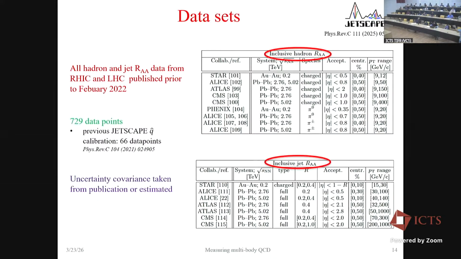There had to be a cutoff date for the study. It was, I think, February 2022. So we used all publications up to February 2022. And that's important. We chose to be very agnostic. If you go to Quark Matter or Hard Probes and you hear a theory talk, almost always, theorists, they're very pragmatic.